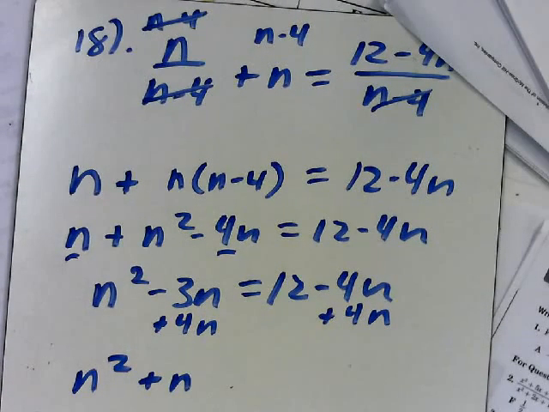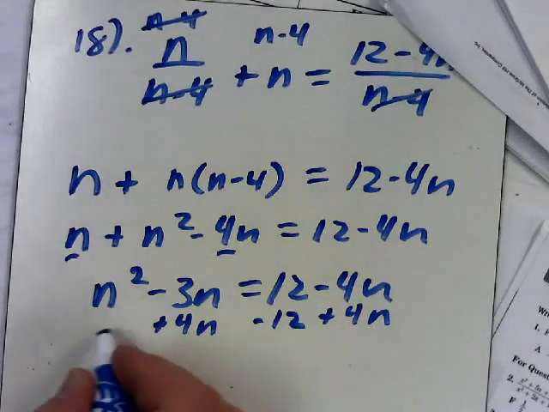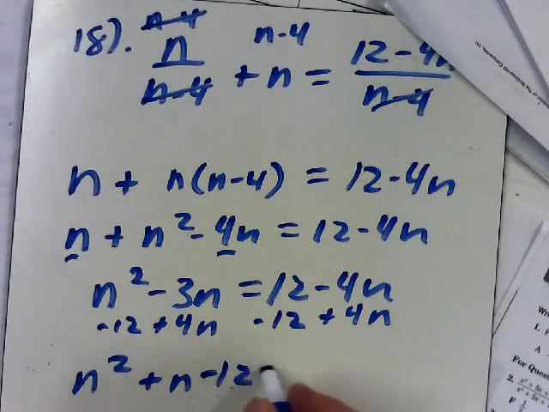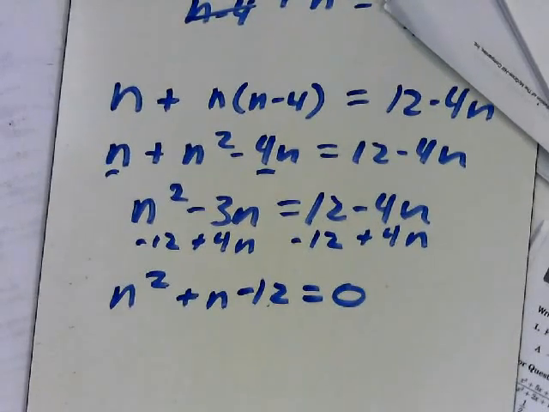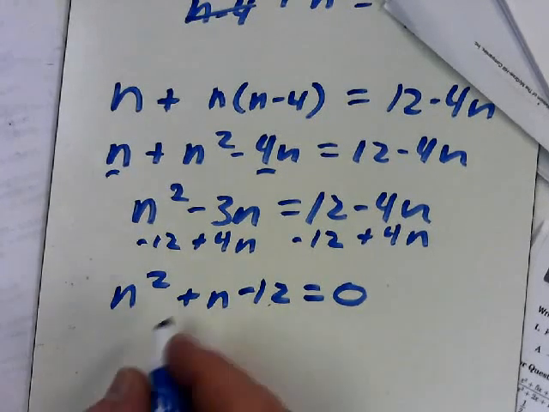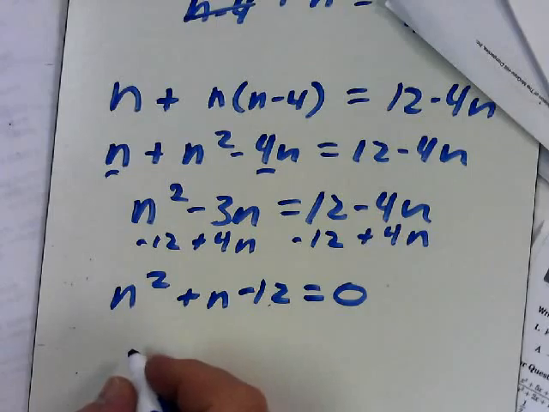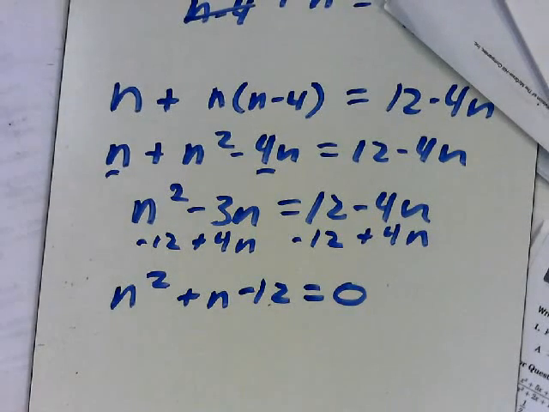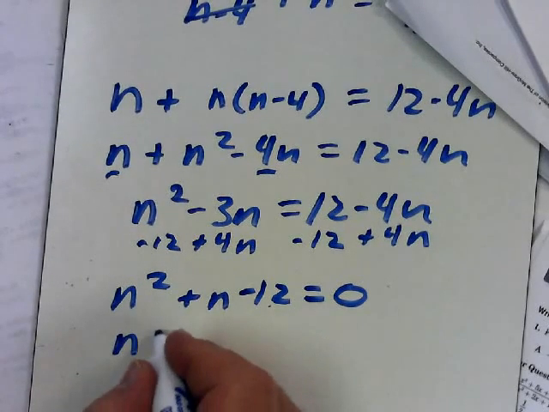And then you subtract 12 over. Yep. And here it all equals 0. Have a quadratic. And what do I need to do? Factor. Any two factors of a negative 12 that will add up to a positive n. 3 and negative 4, and positive 3.